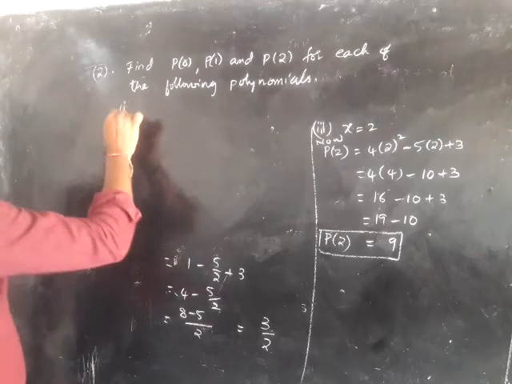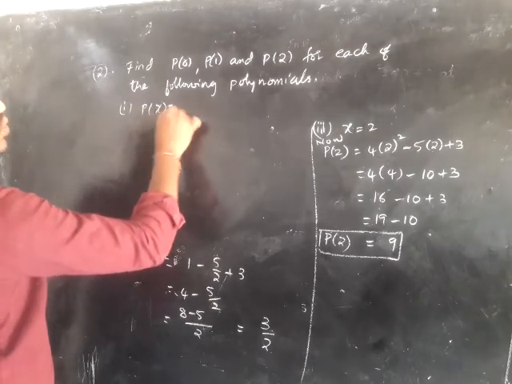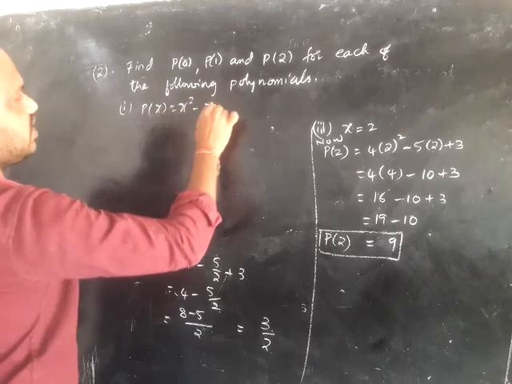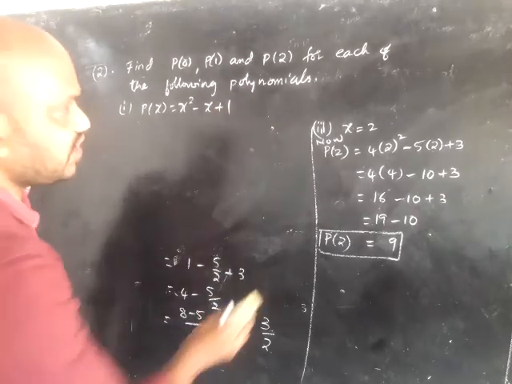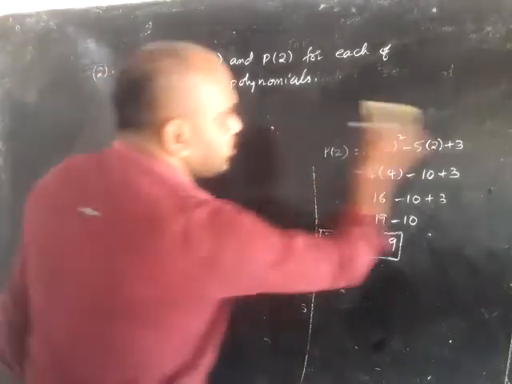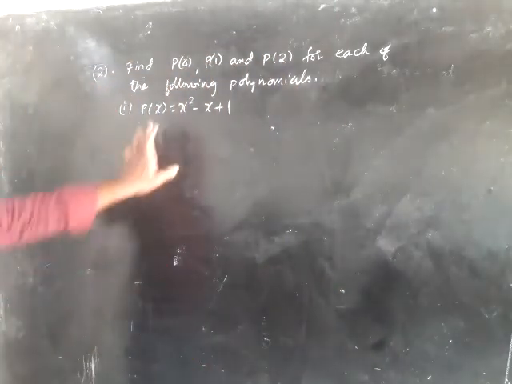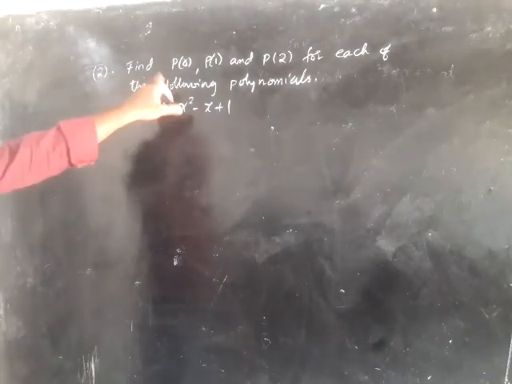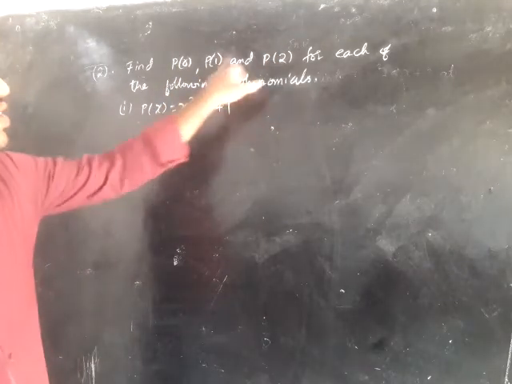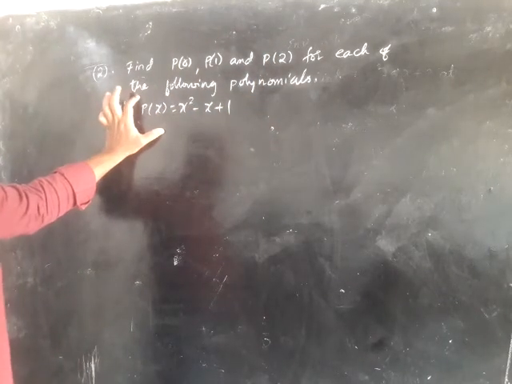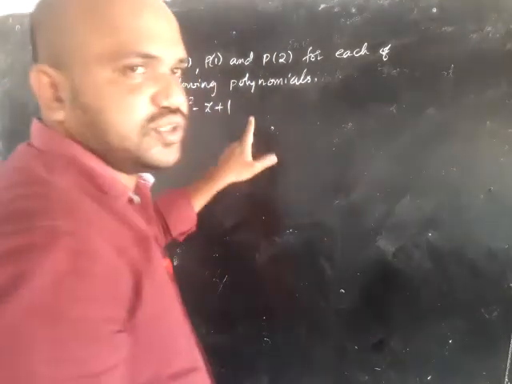So the first one, p(x) = x² − x + 1. Now here we have to find p(0), p(1), p(2) for this polynomial, p(x) = x² − x + 1.